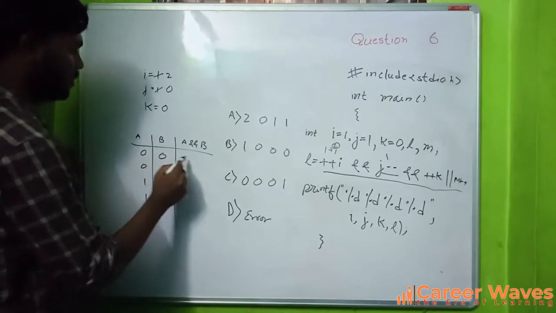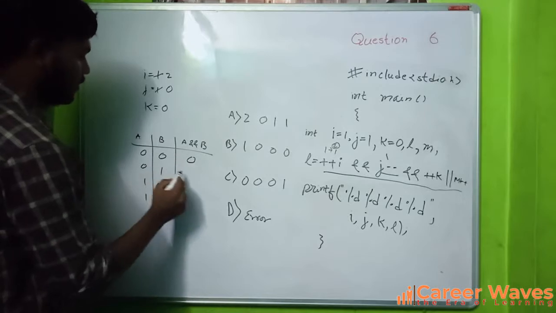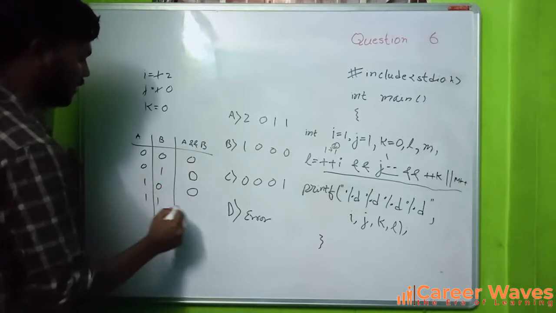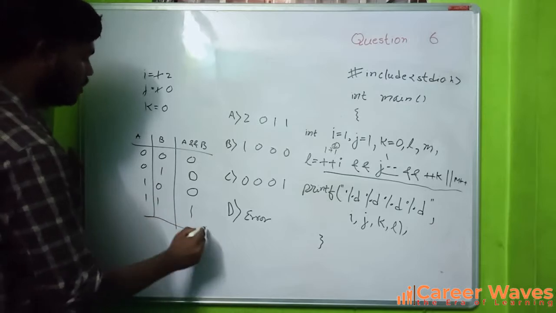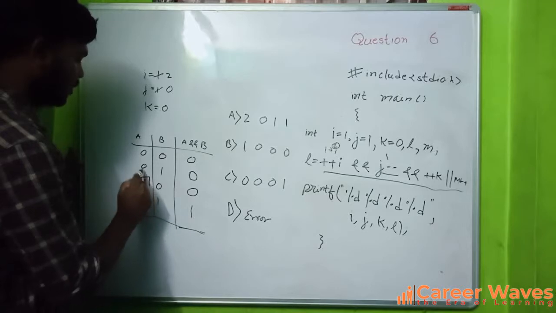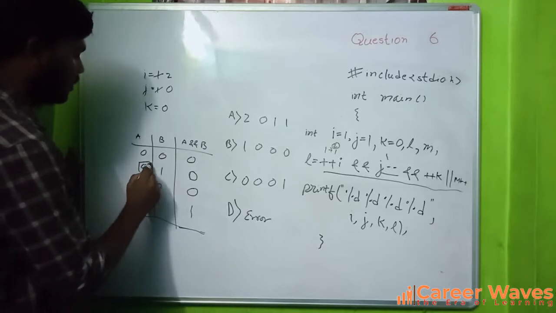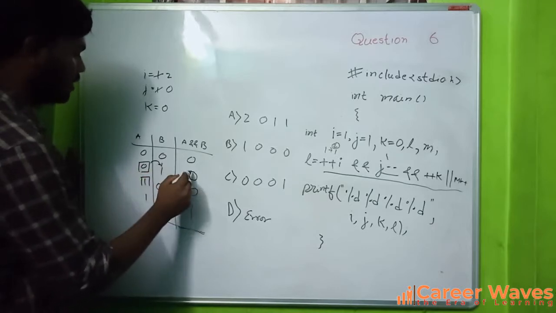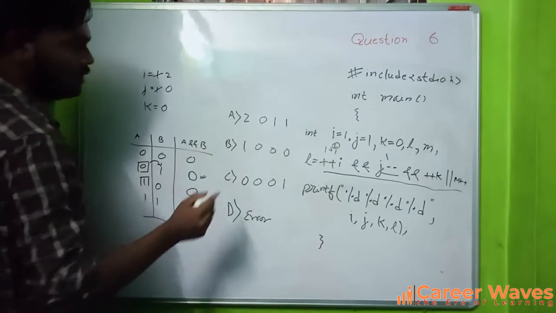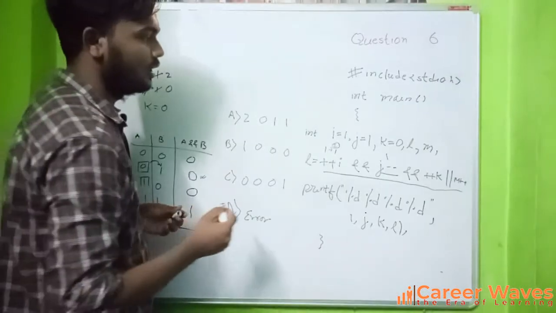So logical AND of 0 with 0 gives 0, 0 with 1 gives 0, 1 with 0 gives 0, 1 with 1 gives 1. If the first value is 0, there is no need to check the other value because it automatically becomes 0.